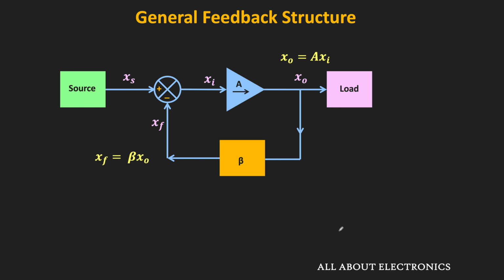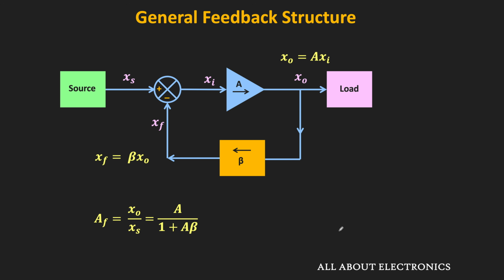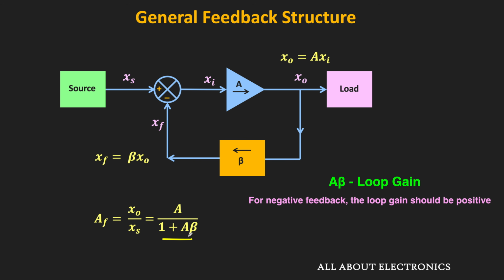This X0 divided by Xs is the gain of the amplifier with the feedback, simply represented as AF. Without the feedback, the gain of the amplifier is equal to A. But with the feedback, it is reduced by the factor 1 plus A beta. Here A beta is known as the loop gain, and for negative feedback A beta should be positive.